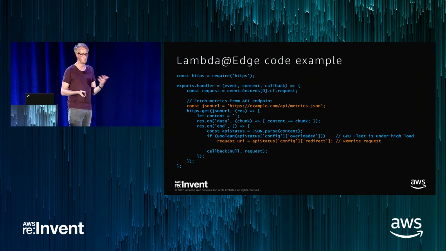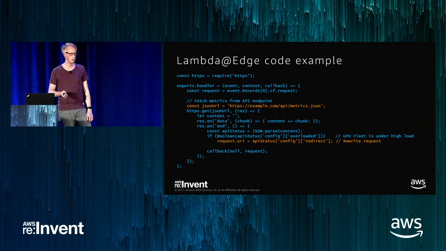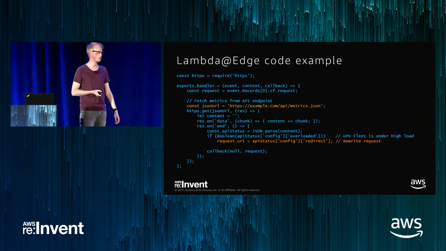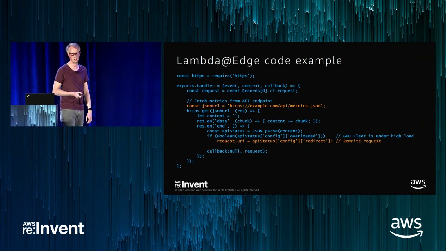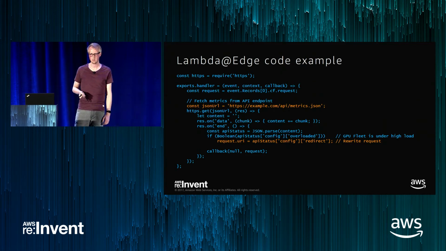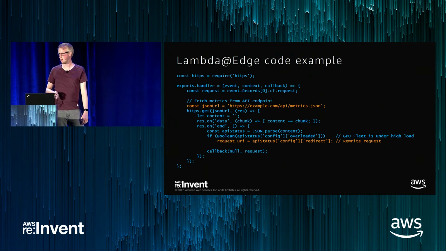So that's something where you can decide on certain rules. And then all I do is simply rewrite the request. This is completely transparent to the user. The user does not see this. So I can either serve a pre-rendered image, send them to a different page, and that's it. It's a very, very good way to handle this automatically.